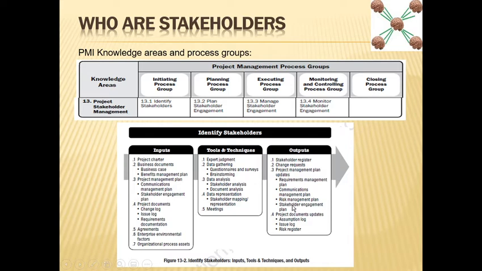If you identify one more stakeholder, you need to change this plan. Now, because of this new stakeholder, there may be a new risk as well. The communication plan must be changed because this new stakeholder will need some communication as well.